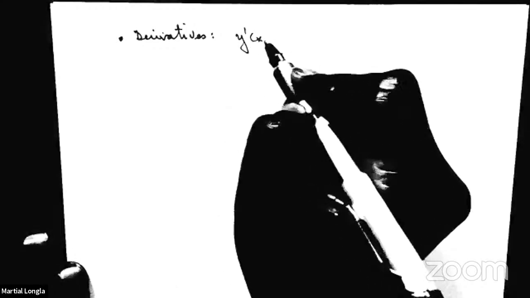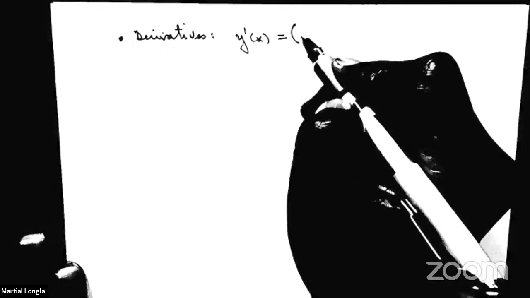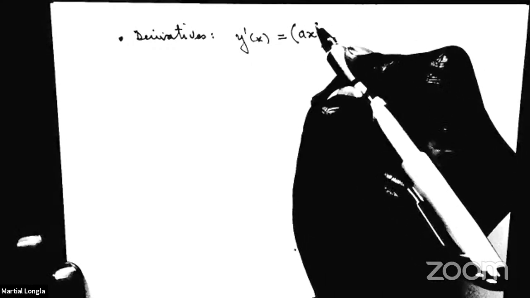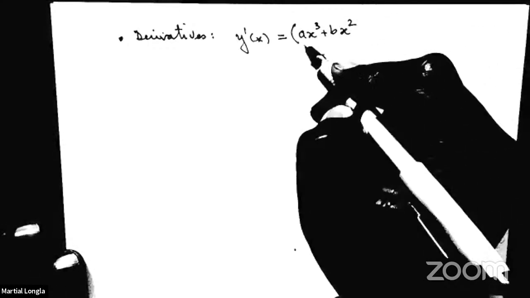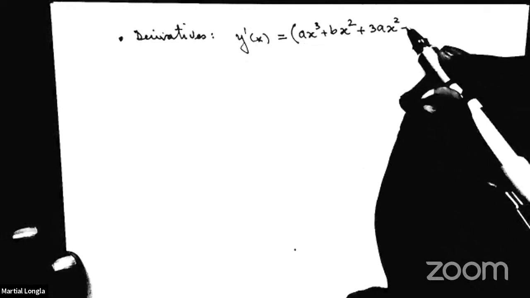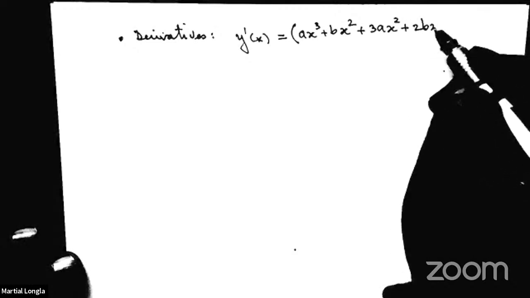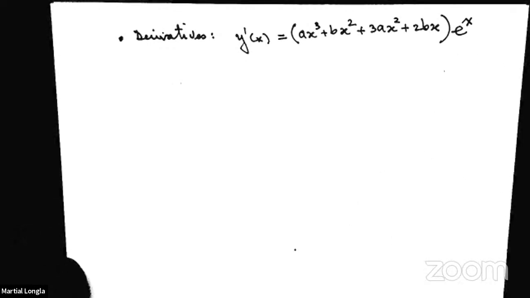So y prime of x is technically the derivative of ax cubed plus bx squared, times e to the x. And the derivative of this is going to be 3ax squared plus 2bx, and all of that times e to the x. Why am I doing this? Because the derivative of e to the x is e to the x, right? Because what I'm doing here is taking the derivatives using the product rule.